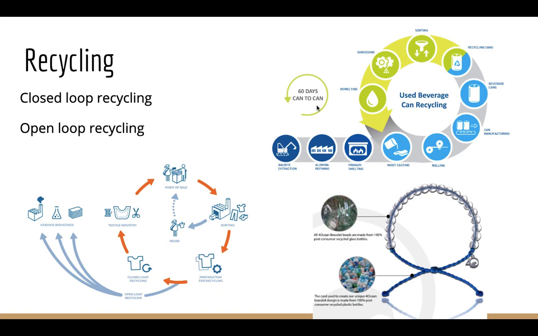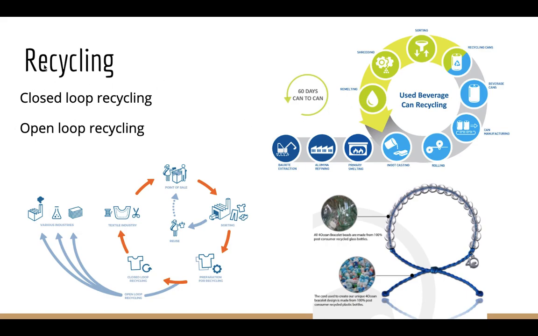So an example of this, aluminum cans, are a great example of closed loop recycling. Aluminum cans are just aluminum, so that aluminum can then be melted down, re-rolled, and made back into the same aluminum cans. Right, so aluminum cans are pretty easily recycled back into aluminum cans.